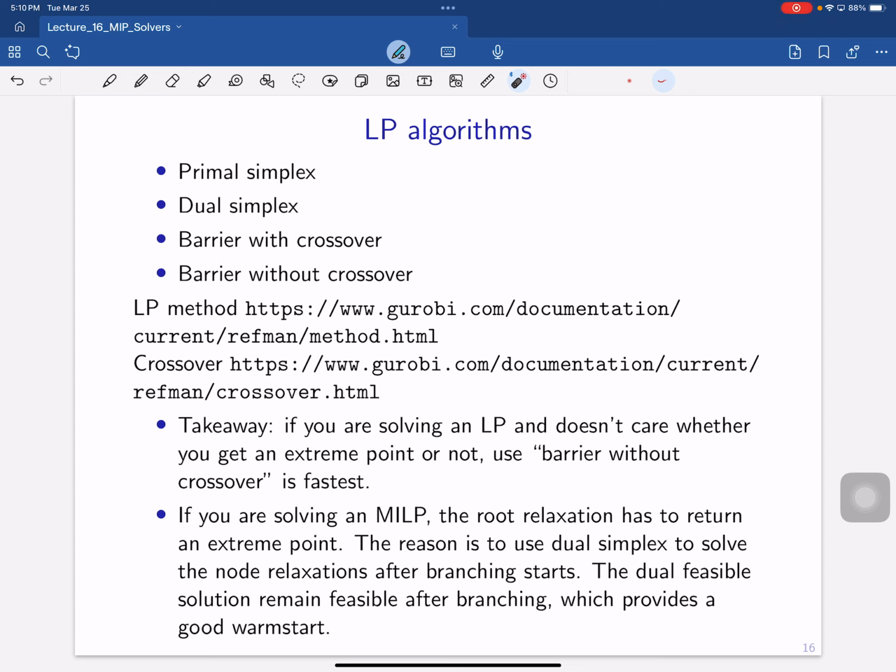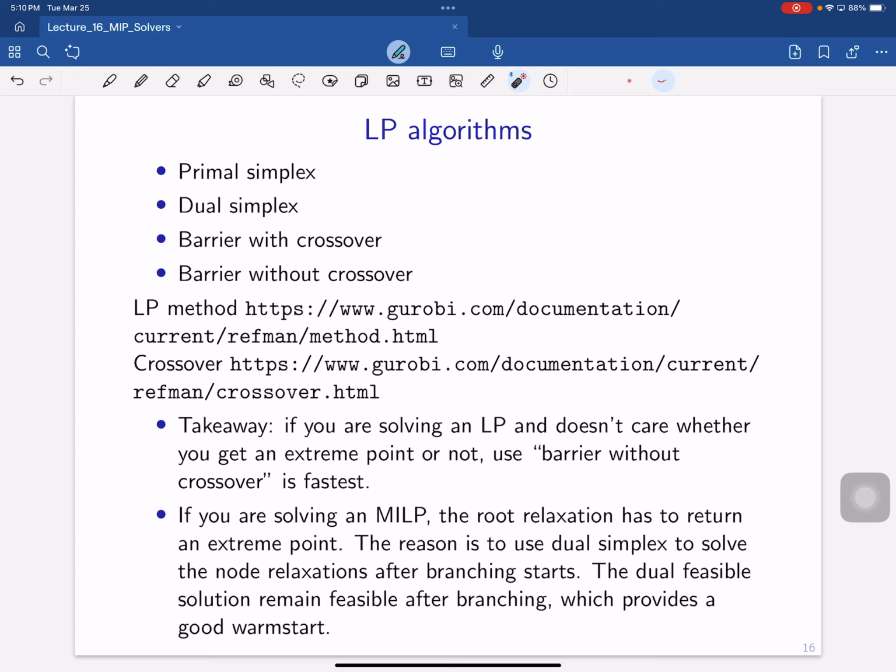Okay. Then the crossover, again, the crossover means it will push a barrier solution to an extreme point. So if you choose barrier without crossover, it will give you a solution with many decimal places. And if you choose barrier with crossover, you will still end up with an extreme point. You use some method to make sure it's an extreme point.